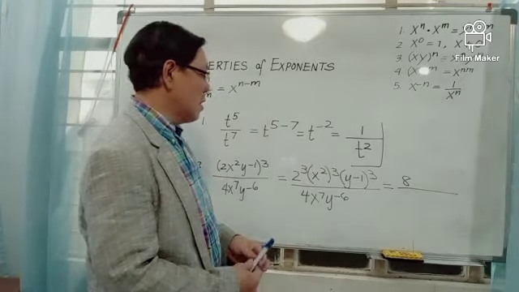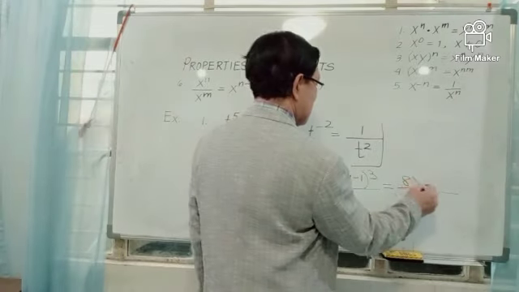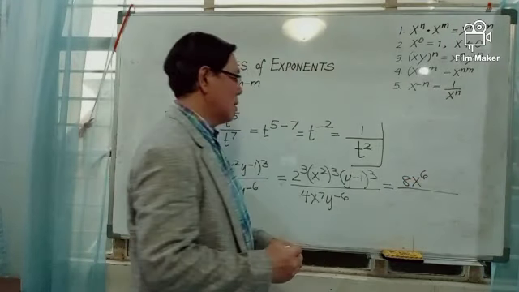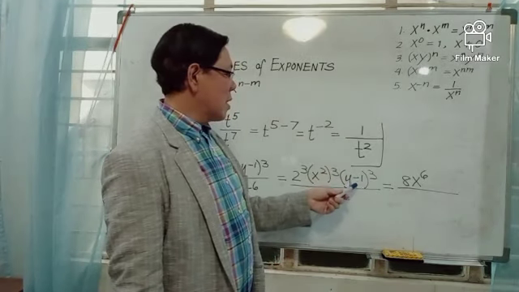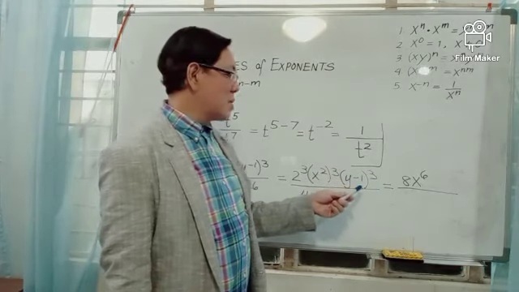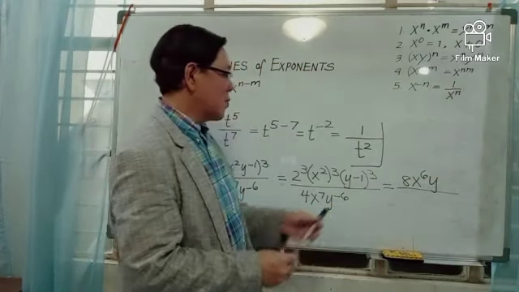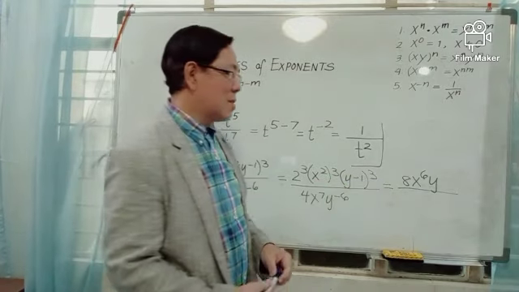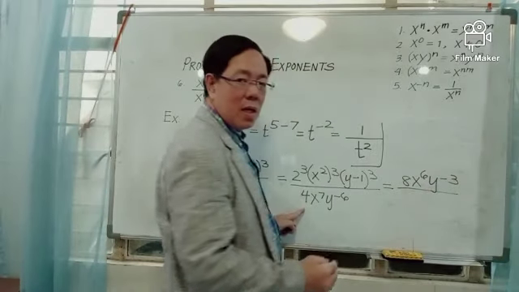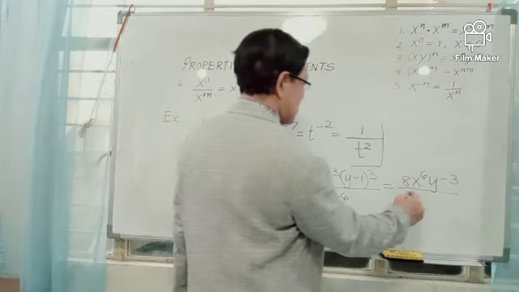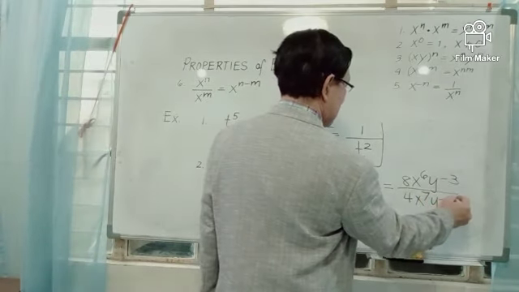Multiply the exponents. x squared raised to 3 is x to the power 6. Again, apply the 4th property of exponents. y raised to negative 1 to the power 3 is y raised to negative 1 multiplied by 3, which is negative 3. Divided by 4x to the 7, y to the negative 6.